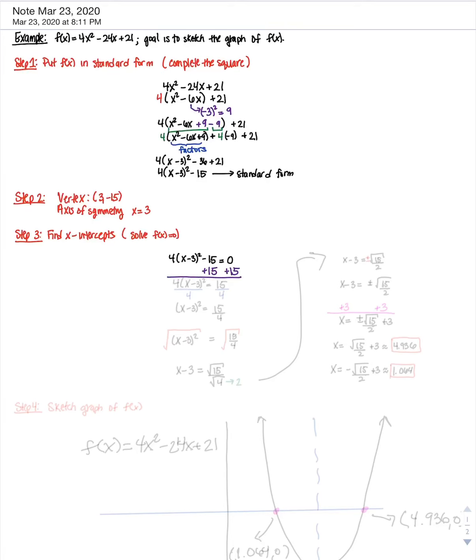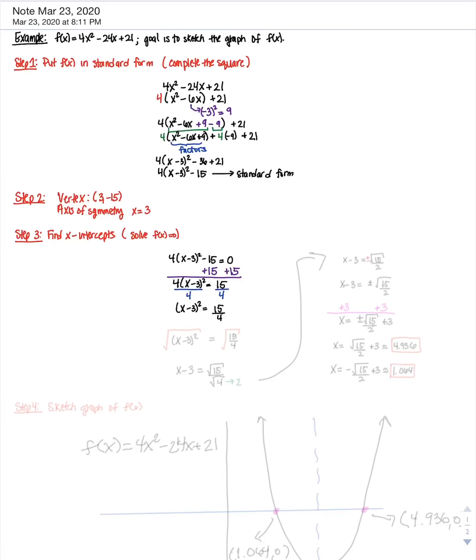So then that gives us 4 times x minus 3 squared is equal to 15. We can then divide by our 4 on both sides. And that gives us x minus 3 squared is equal to 15 over 4.